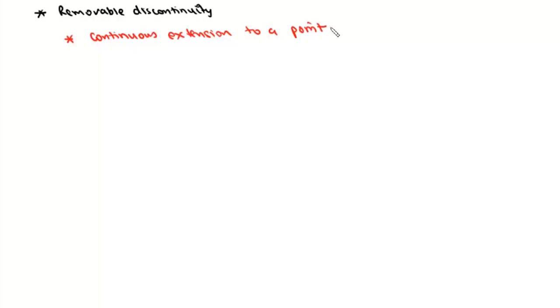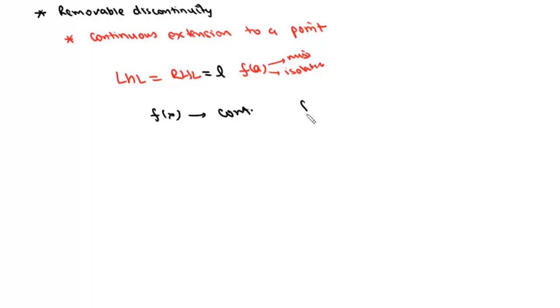Now in case of removable discontinuity, both left hand limit and right hand limit are equal, and the function value at a may either be missing or isolated. Now suppose the value of left hand limit and right hand limit is L, which is finite, then we can make this function f(x) continuous by defining f(a) equals L.